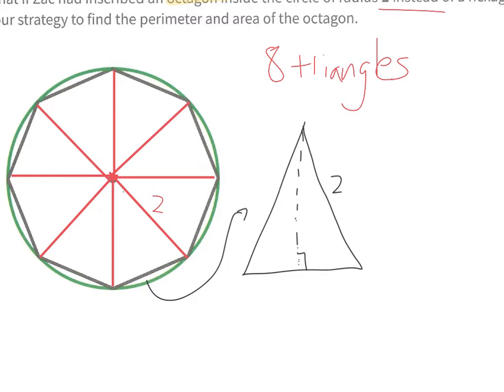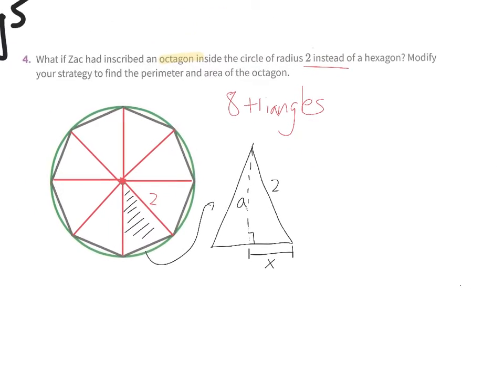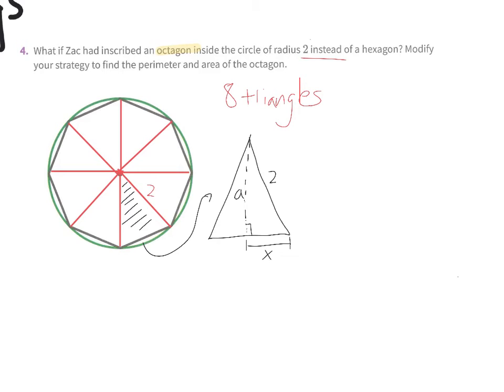All right, so if we take this triangle and blow it up, we get this. Now we're going to need to find a couple pieces here. We need to find this half side, and we're going to need to find this altitude here. We'll call it A. And those will help us find the area of the triangle and then the area of the whole polygon and the perimeter as well.